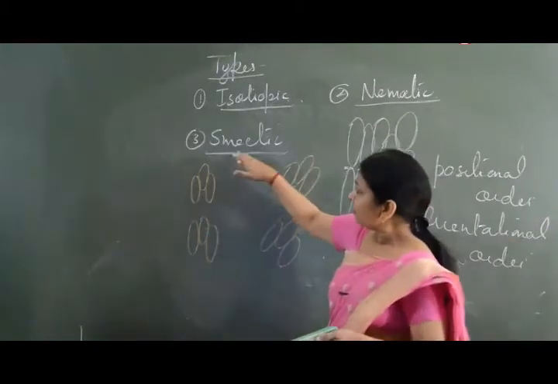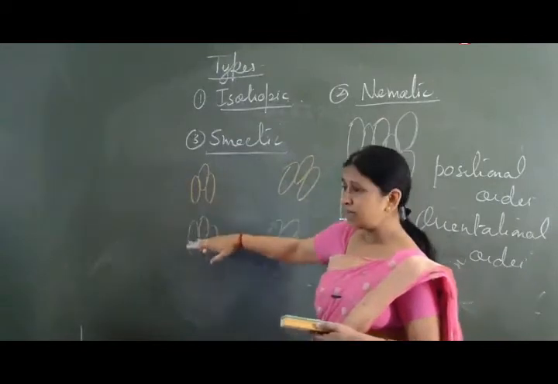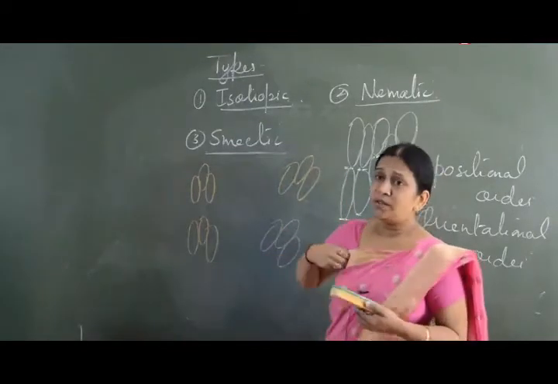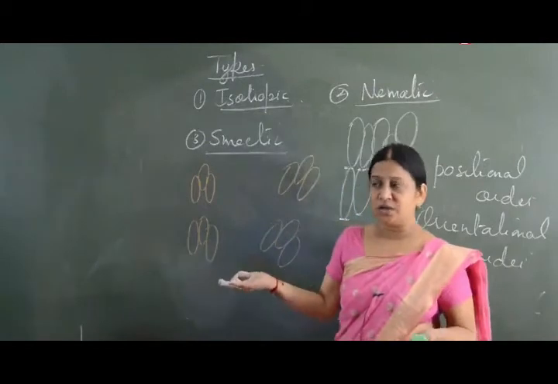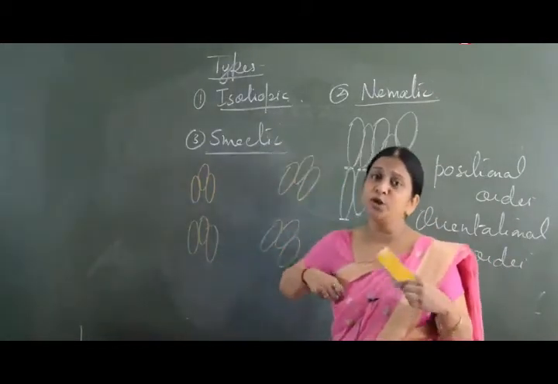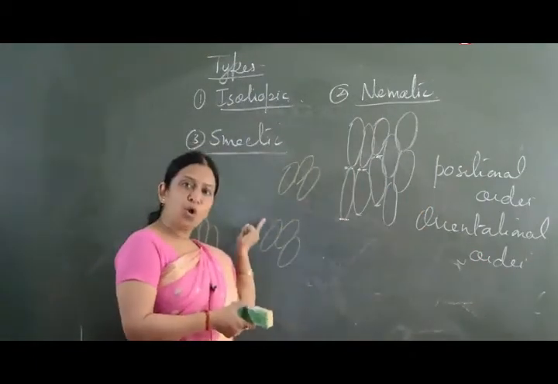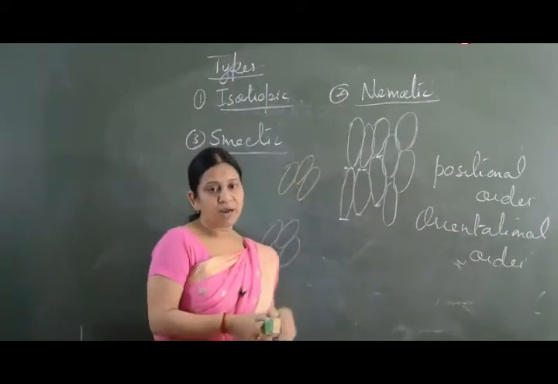Here, for the first time, in case of smectic liquid crystals, the molecules are present in a layered structure, and they are having orientational order. So with orientational order, they are having some sort of positional order also. So if we compare these two, this is more organized in comparison to nematic liquid crystal.